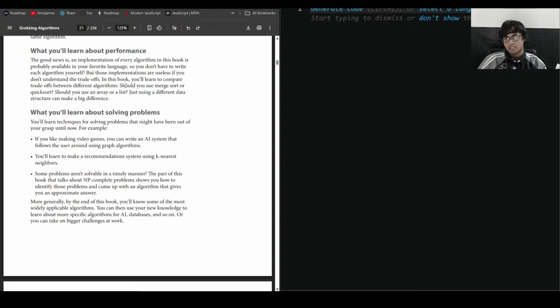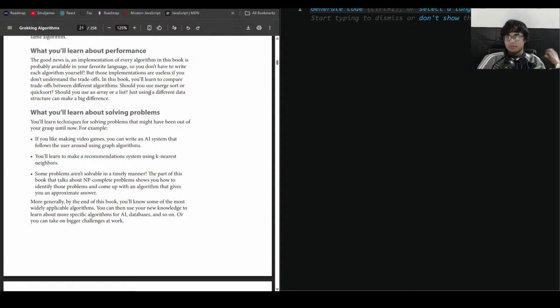In this book, you'll learn to compare trade-offs between different algorithms. Should you use merge sort or quicksort? Should you use an array or list? Just using a different data structure can make a big difference.